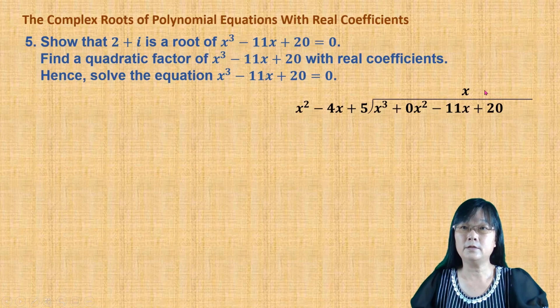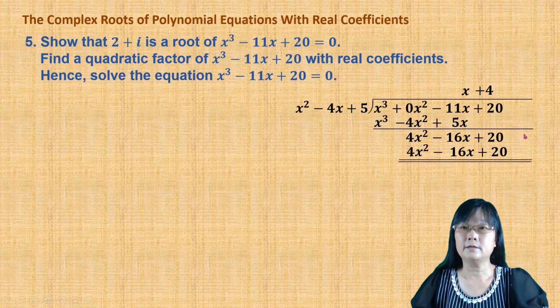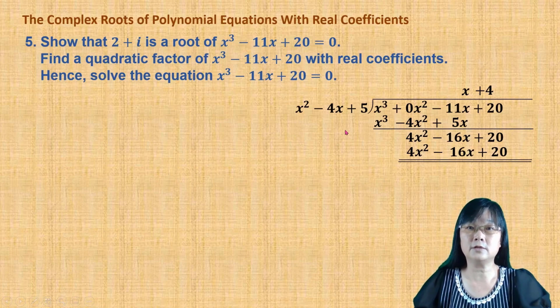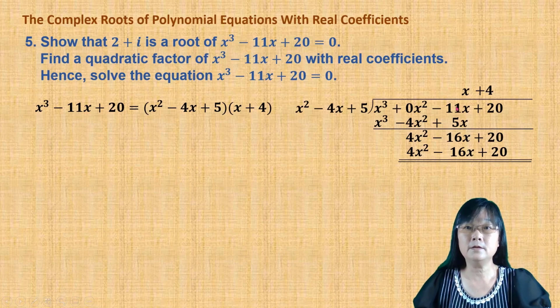When we carry out the long division, we find that the quotient is x plus 4. From this long division, we can say that the polynomial is equal to the divisor times the quotient.